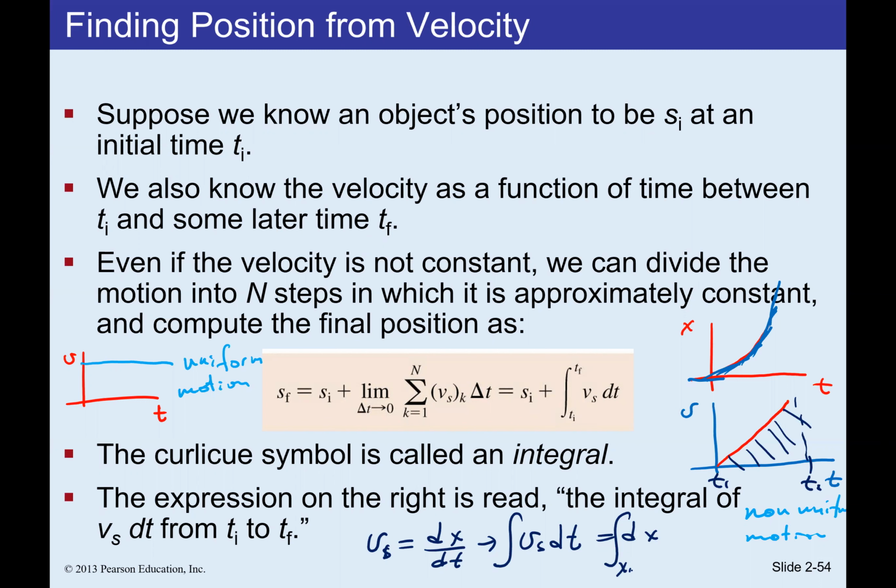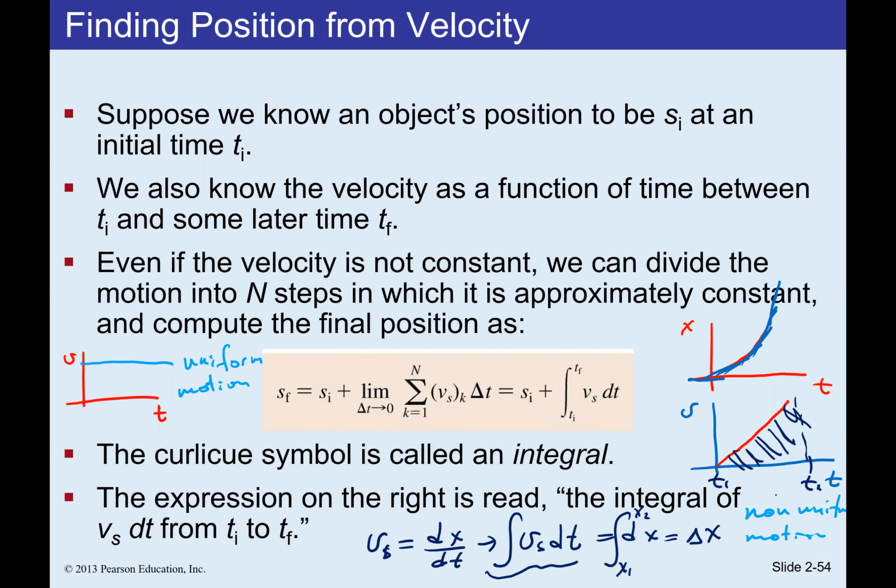On the left side, from x1 to x2, the integral of dx is nothing but delta x. On the right side, I have the integral of v dt, and this integral is nothing but the area under the velocity versus time graph. And that's what we have.